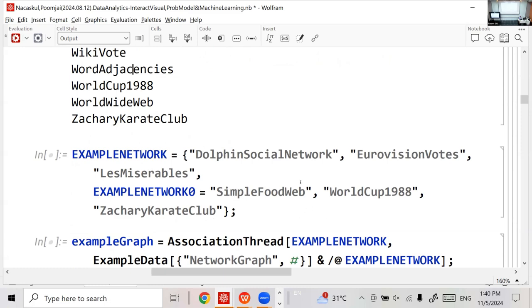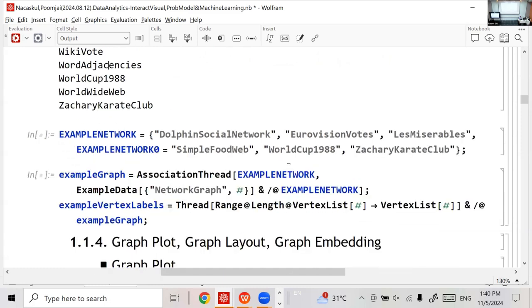Now, why do I do this? My example networks consist of 1, 2, 3, 4, 5, 6 networks. You don't have to take pictures of the book. Okay. So, the dolphin social network. By the way, there is such a thing as a dolphin social network.